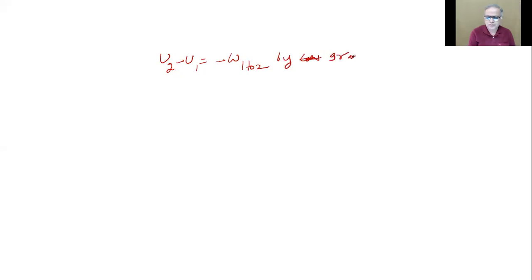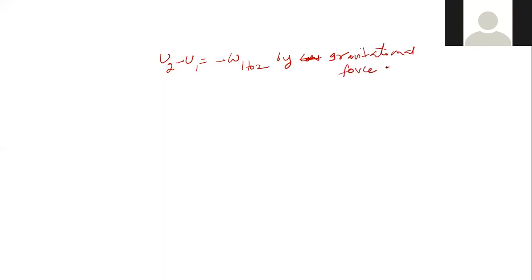U2 minus U1 is equal to minus of work done from 1 to 2 by the conservative, here gravitational force. Now, this work done was written as what?